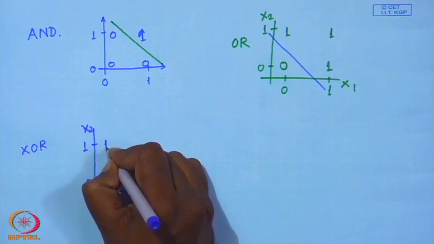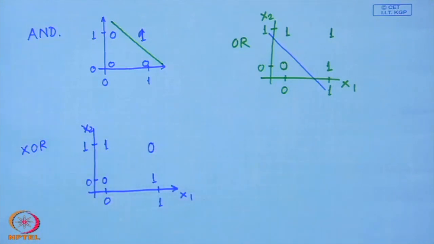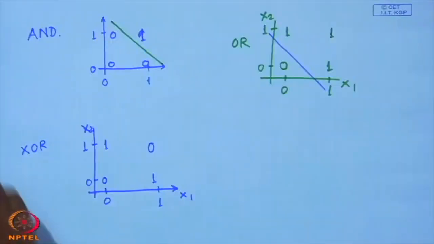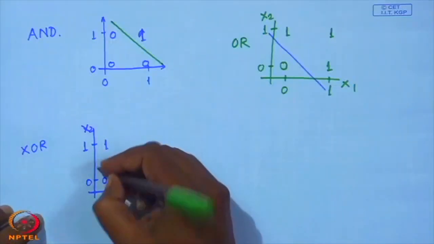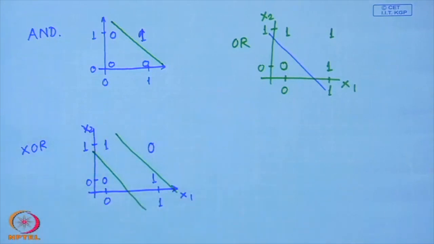When the input is 0, 1 or the input is 1, 0, the output is 1. Now, given this type of situation, you find that I can no longer separate the outputs zeros and 1s by a single straight line. Rather, I need to have two different straight lines over here to separate the zeros and 1s. So, this clearly says that the XOR function is not linearly separable.